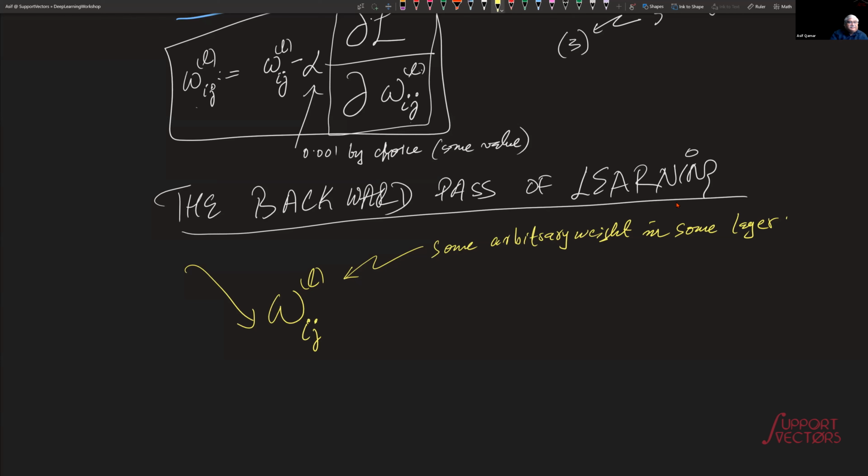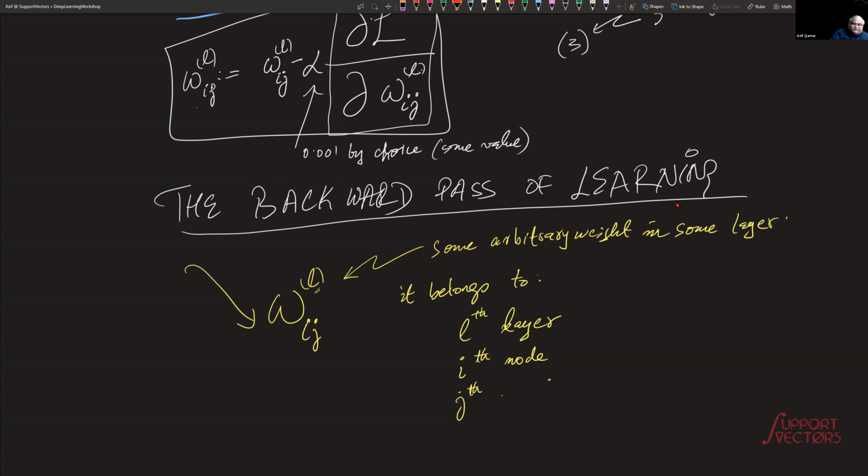Like, where does it live in the space? You would say that it belongs to the Lth layer, the ith node, and the jth weight of the node.